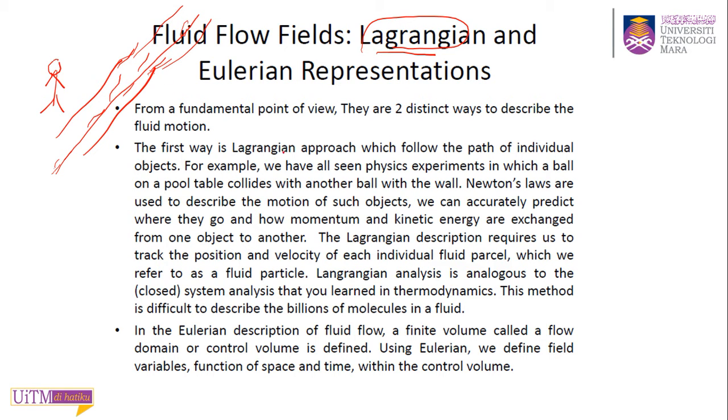Because it uses Lagrangian, they will measure the whole thing. But if he or she uses the Eulerian method, he will just put a probe at one position and measure only there. He will measure the velocity of the flow at this point.